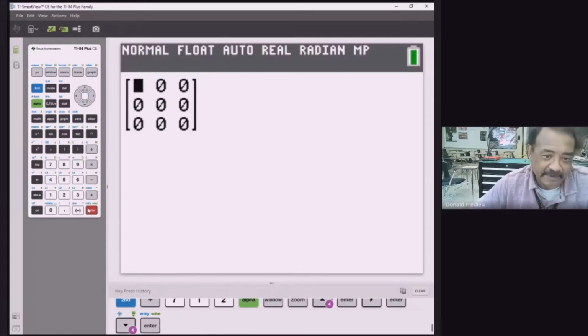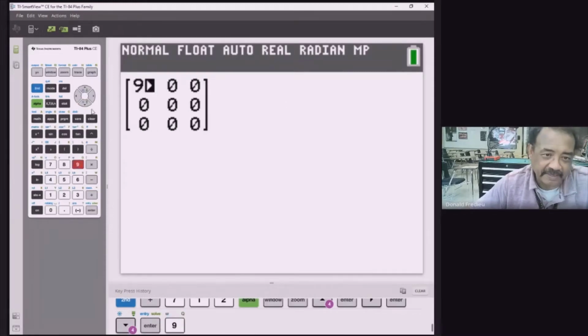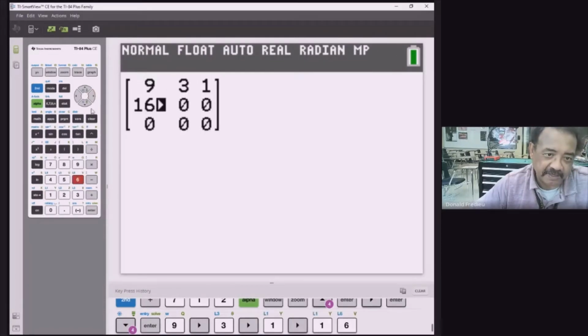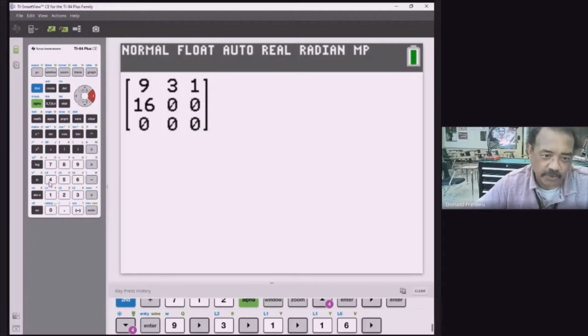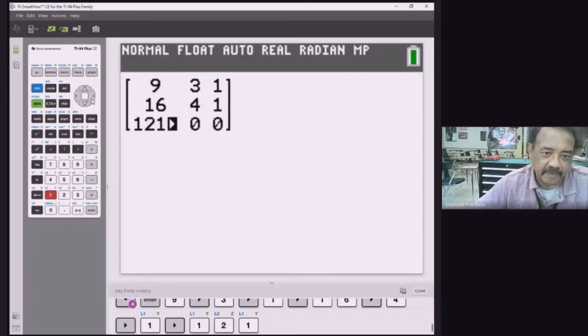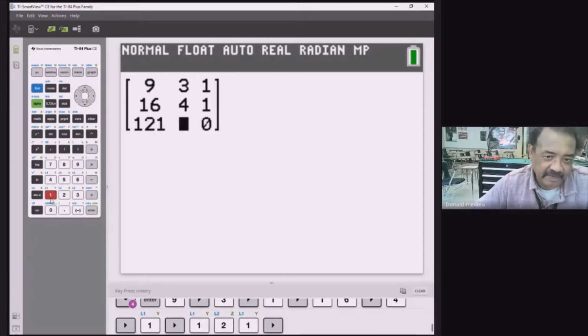Then I'm going to go down to OK. And now I'm going to enter my data. 9, space over, 3, space over, 1, space to the second row, 16, 4, and a 1, and then 121, 11, and 1.